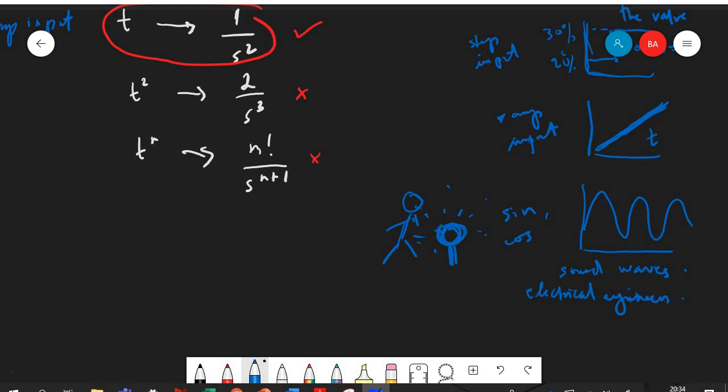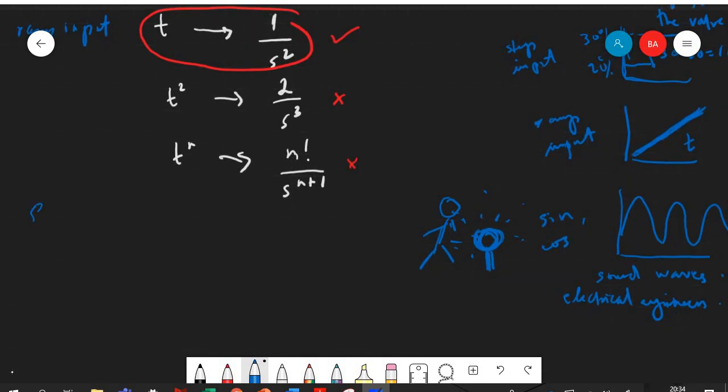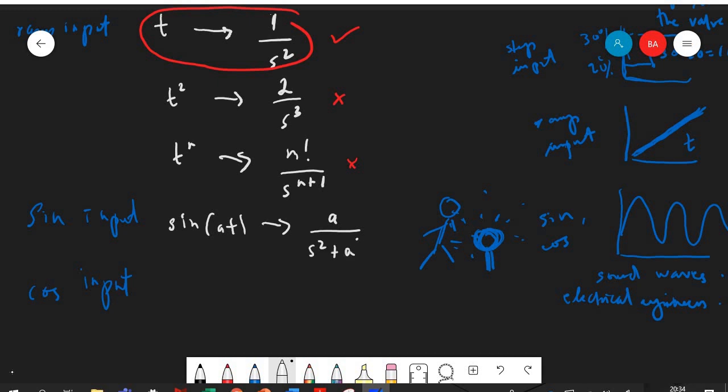So we need to consider that if I have a sine or a cosine input, it's important for us to know how it is represented in the time domain, and then how it is represented in the S domain. In the time domain, it is represented as sine at, and in the S domain as a over S squared plus a squared.